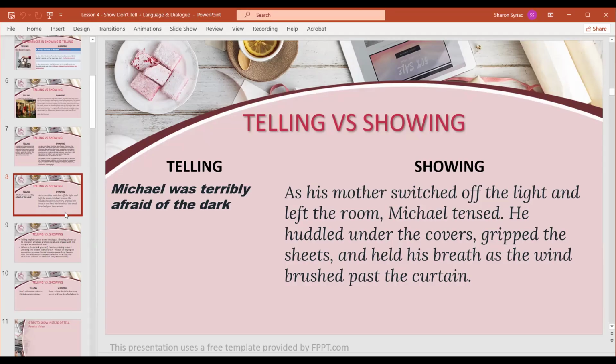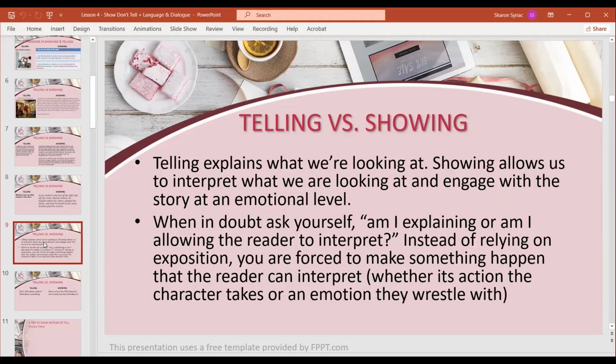Nice. So, class, all I'm saying is that when you are writing, it is better to show than to tell. But sometimes you will have to tell.